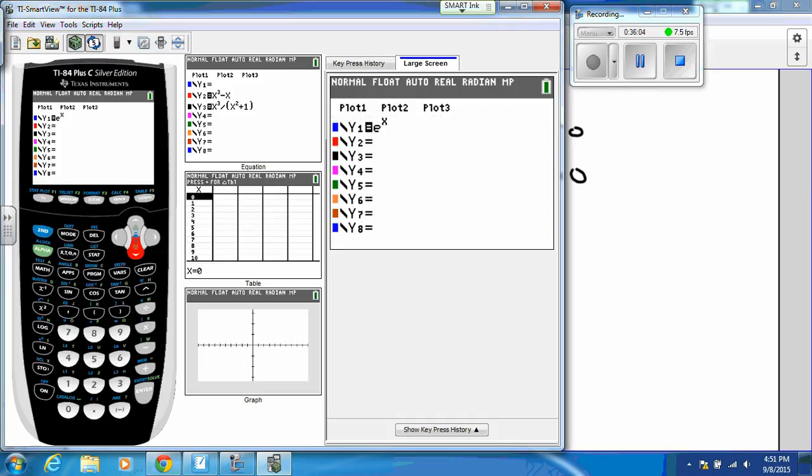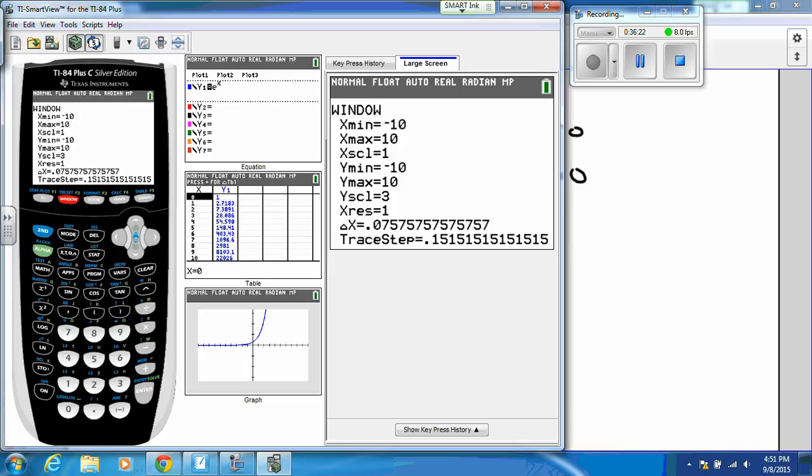And then for natural log of x plus 1, we have that right there. And so we're going to graph it in the window size that is given, which is negative 10 to 10 for the x's, and negative 3 to 3 for the y's.